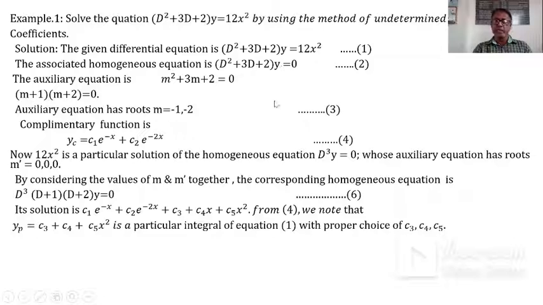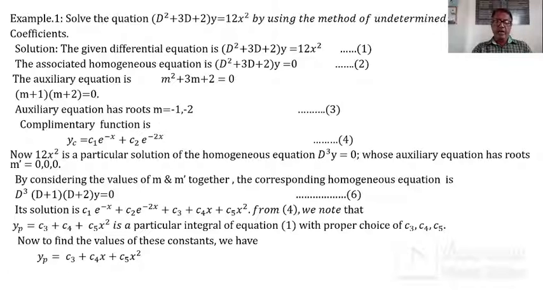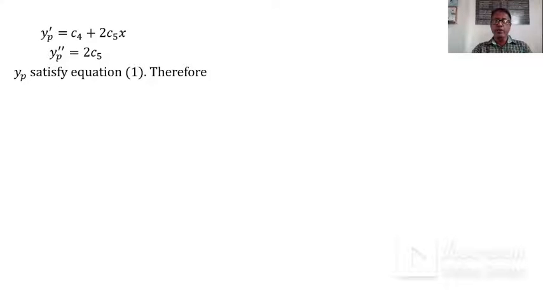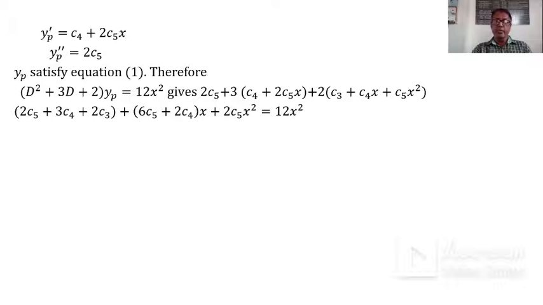Therefore, from this yp, find yp dash and yp double dash, and then we substitute these in equation 1. Yp, yp dash, yp double dash satisfy equation 1. Therefore, we get d square plus 3d plus 2 operating on yp is equal to 12x square.